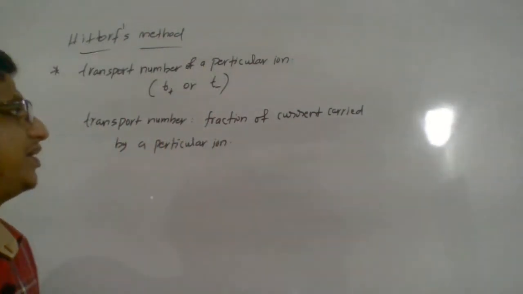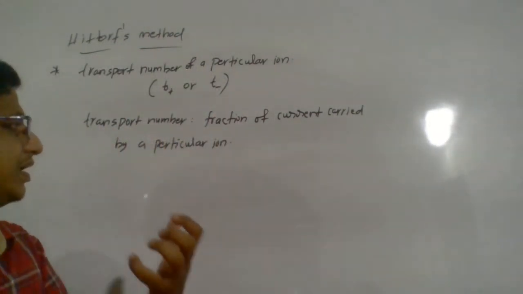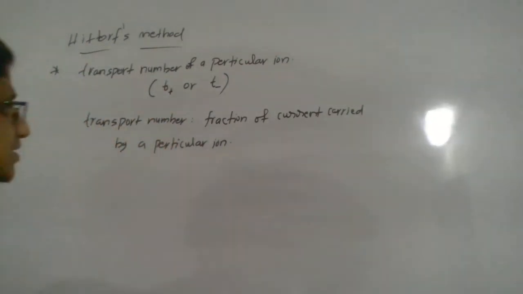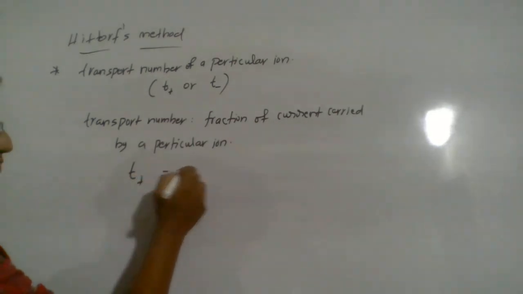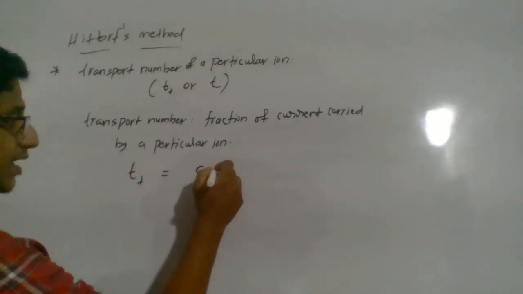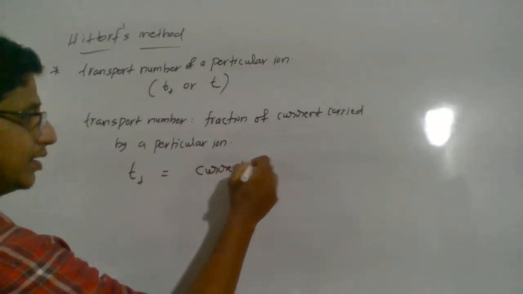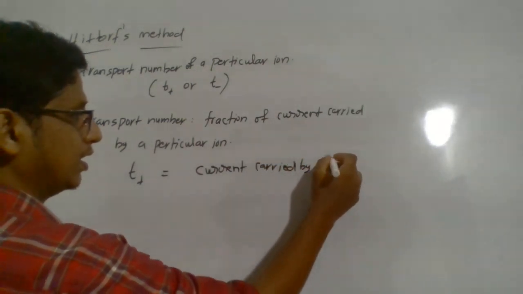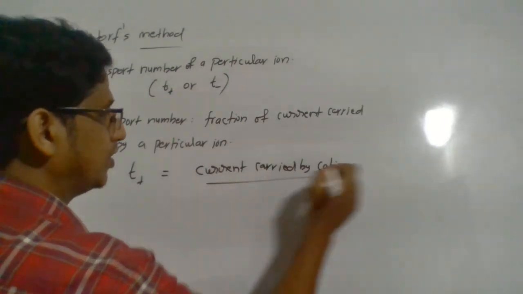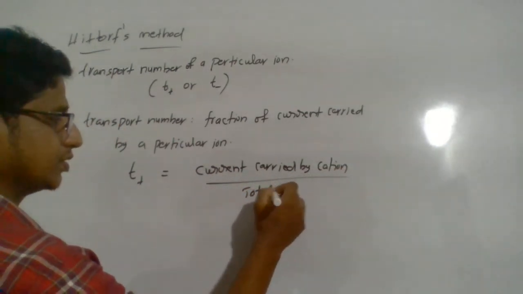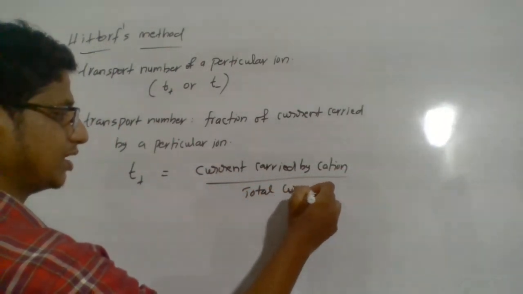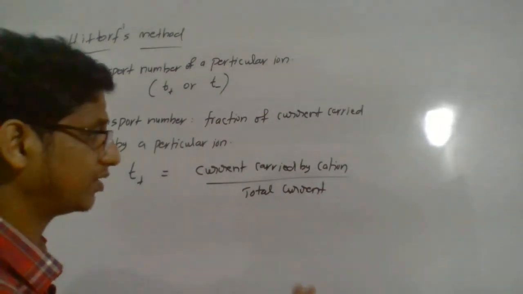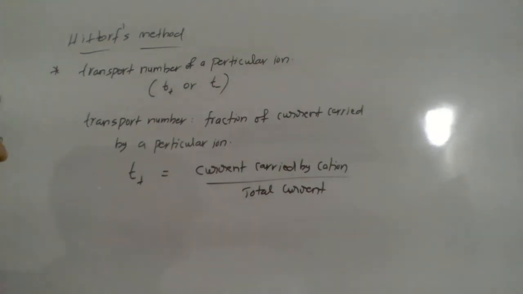If you talk about T plus, the transport number of the cation, you express it as the current carried by the cation divided by the total current. That will give you the transport number of the cation. Similarly, the current carried by the anion divided by the total current gives you the transport number of the anion.